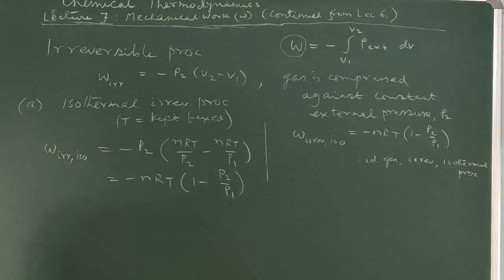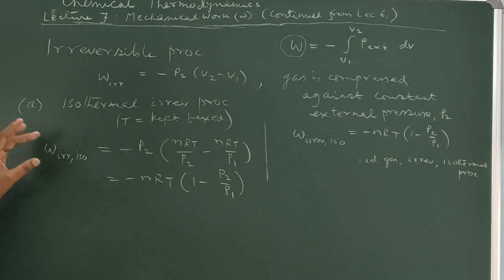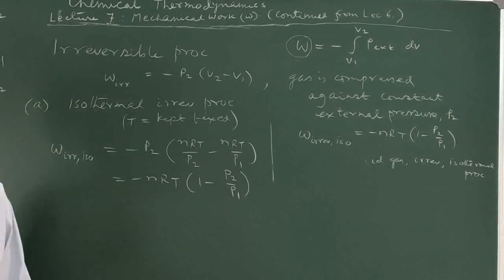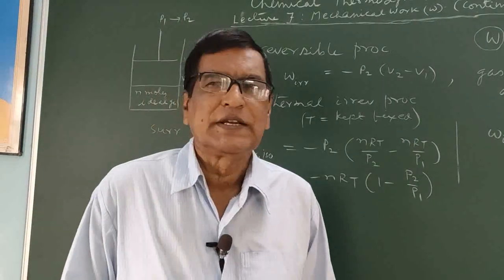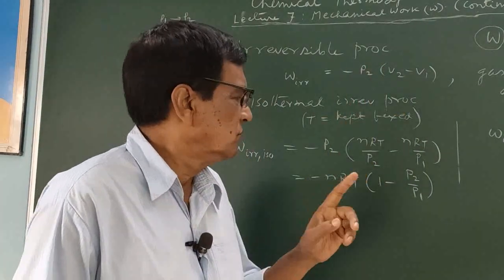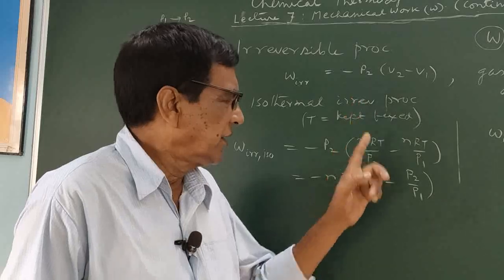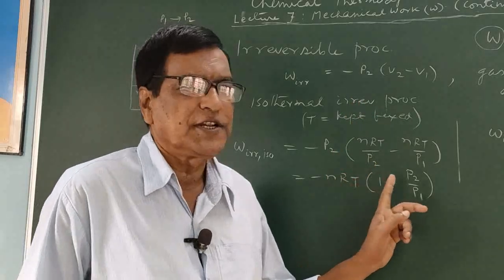One thing I would like to mention here is that we always try to express the magnitude of any term in terms of intensive properties. Here, instead of volume, I replaced it with temperature and pressure.